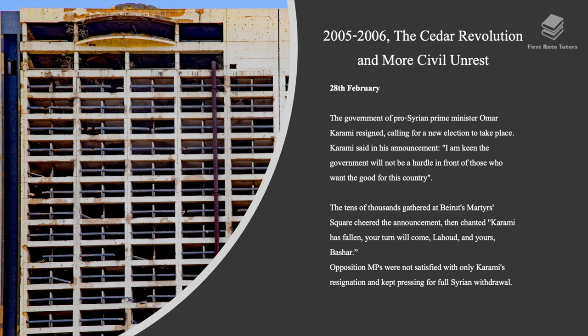The tens of thousands gathered at Beirut's Martyrs Square cheered the announcement, then chanted, "Karami has fallen, your turn will come, Lahoud, and yours, Bashar." Opposition MPs were not satisfied with only Karami's resignation and kept pressing for full Syrian withdrawal.